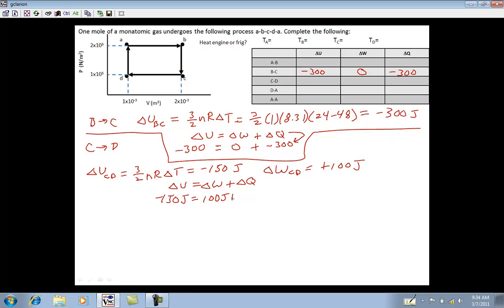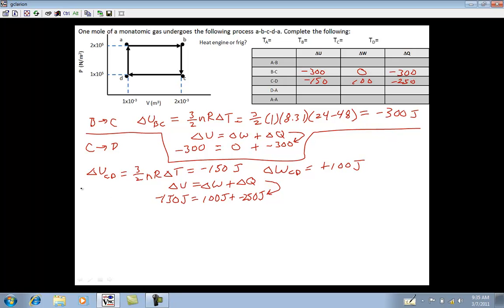So what does delta Q have to be? Negative 250 joules. So each line is like a different thermodynamic process. Yes, typically that's why they would use them. So delta U is negative 150, delta W is 100, and delta Q is negative 250.